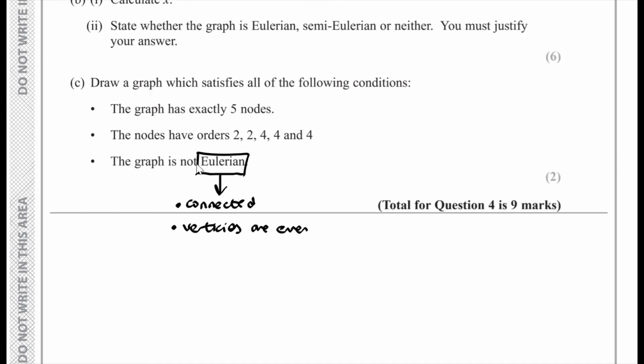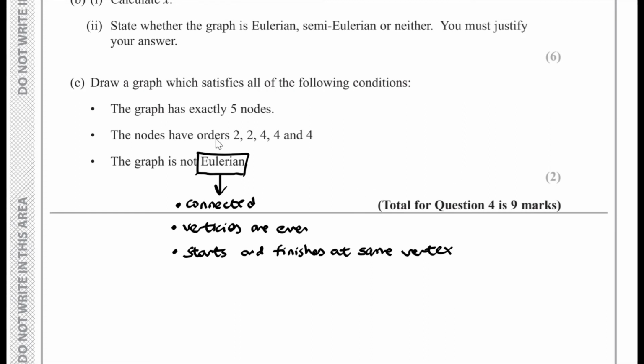Also, one thing about an Eulerian graph is that it starts and finishes at the same vertex. So we can probably guess from here that the graph is not connected.